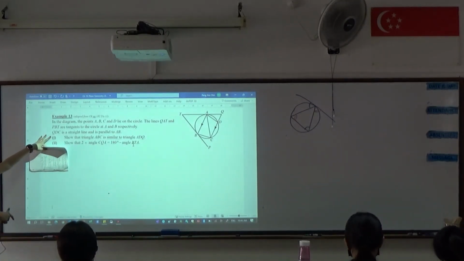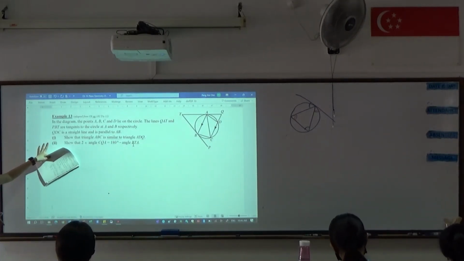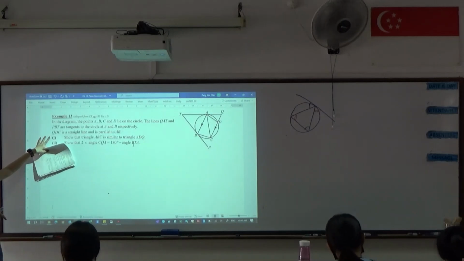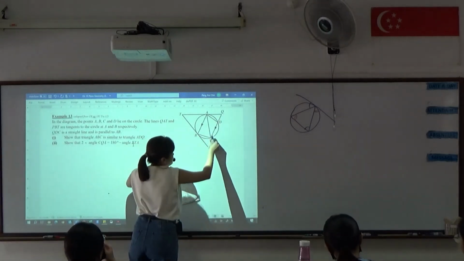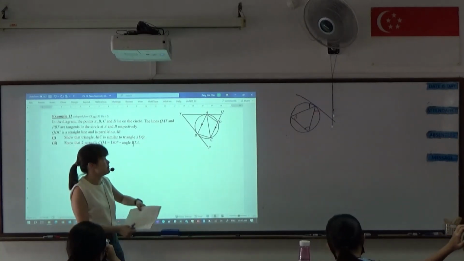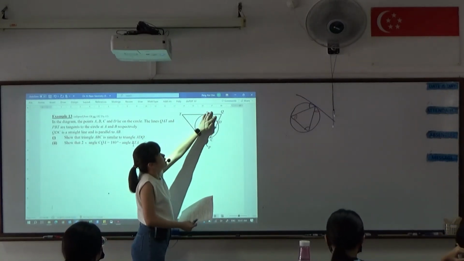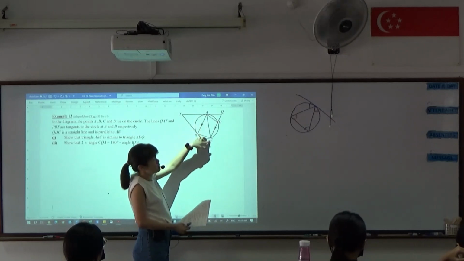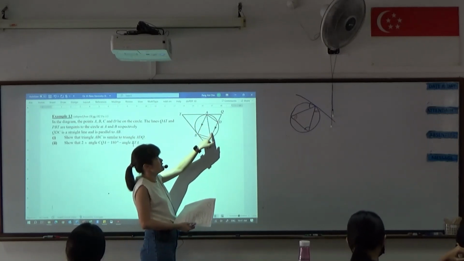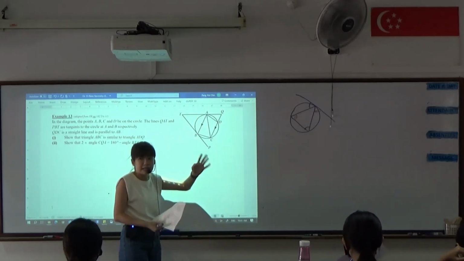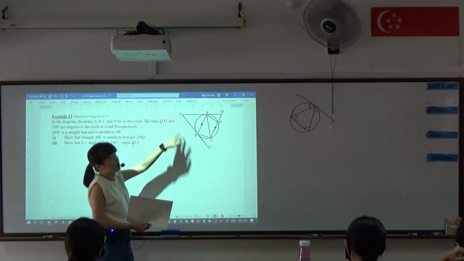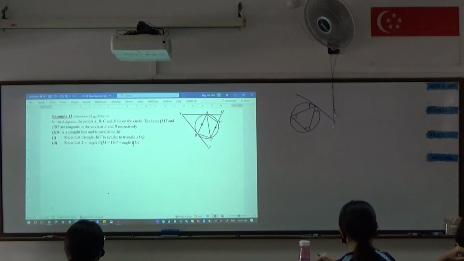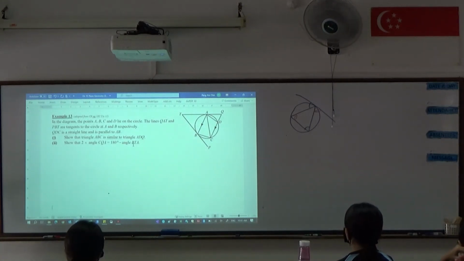QDC is a straight line and is parallel to AB. It is very important for us to not be confused with recognizing CDQ as a tangent. Very often people tend to misinterpret that CDQ becomes a tangent itself. Just because it is a line that goes outside of the circle, it doesn't mean that it is a tangent. A tangent must touch the circle at one point only. So QDC being a straight line, it is also parallel to AB.